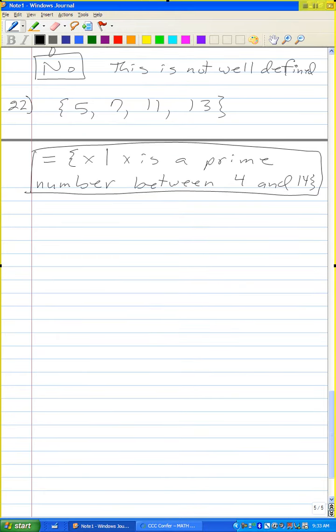Let's do problem 26. 1, 9, 25, 49, etc. This is the set of all squares of numbers x such that x is a natural number.